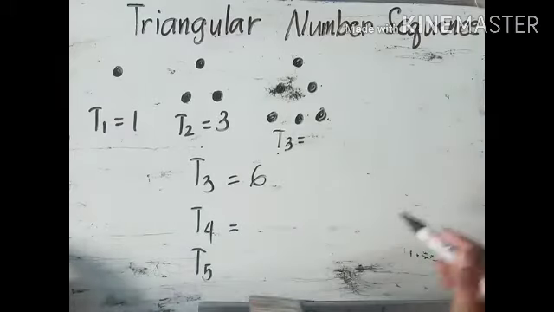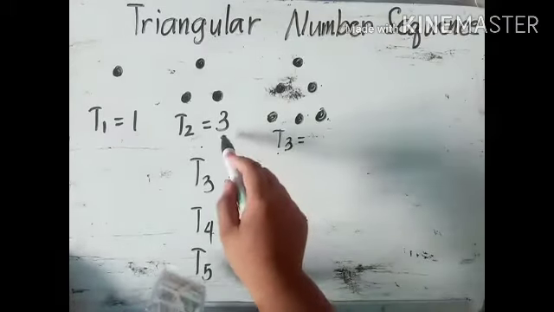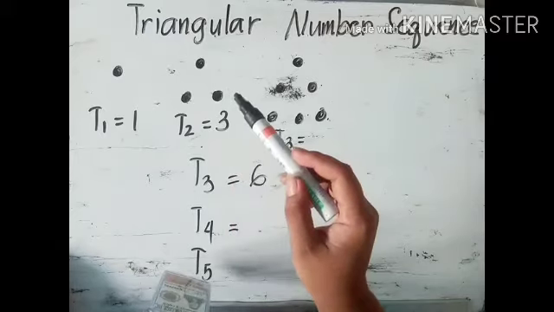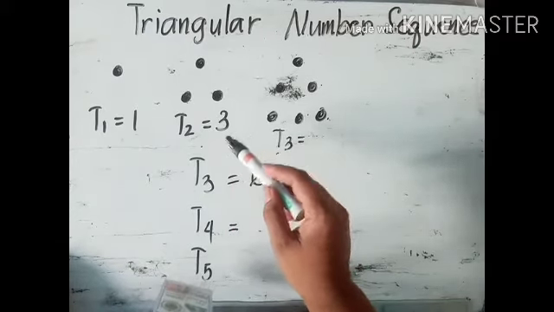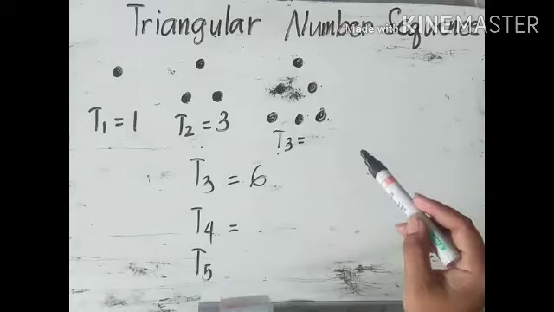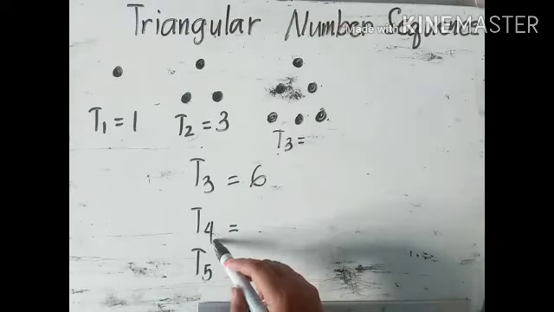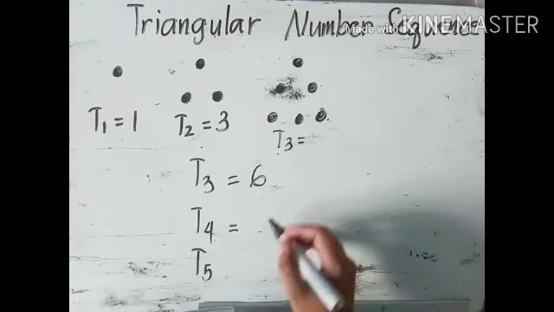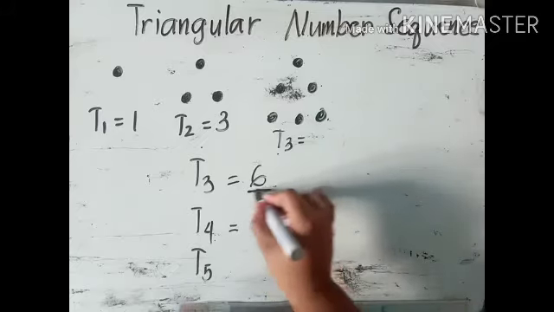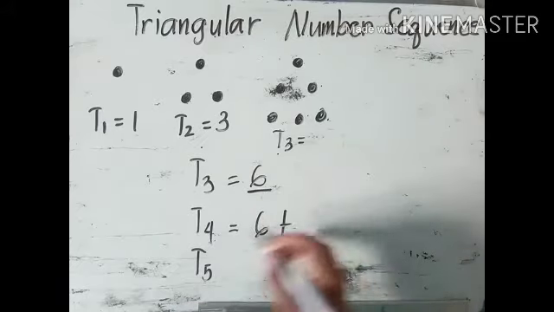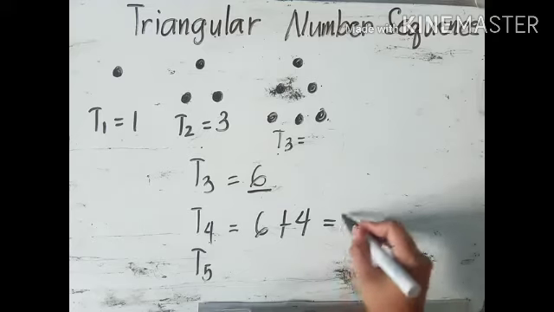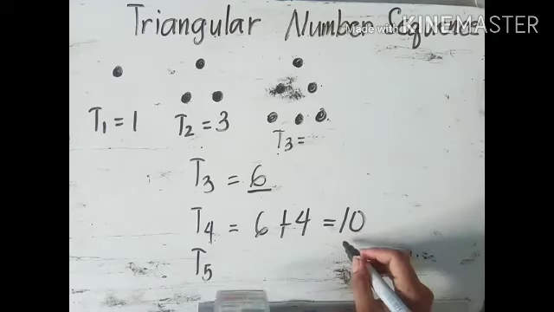Yes, we are just adding the previous number to the present number. So in T4, it is 6, which is the previous, plus the fourth category. So there are 10 dots for this.